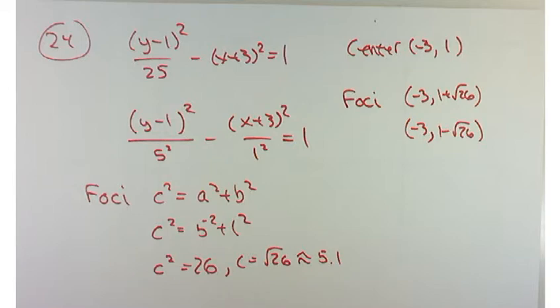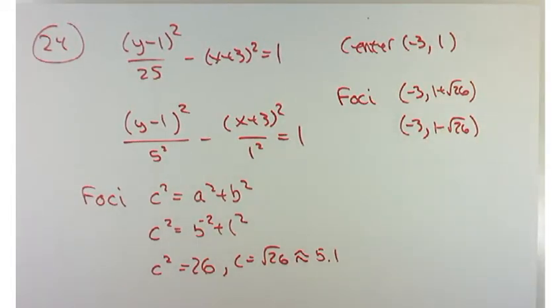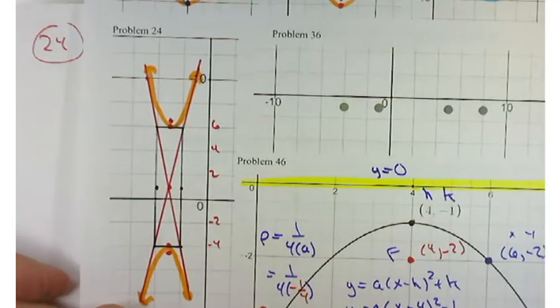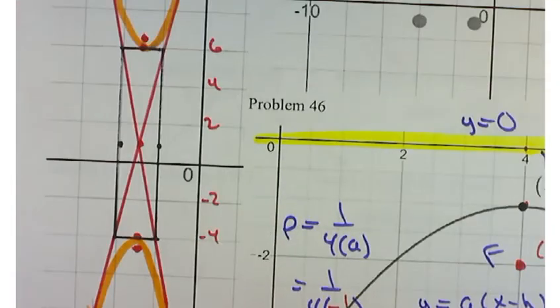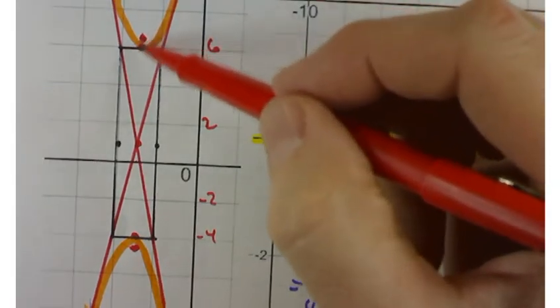Anything else on 24 here? As far as the foci are concerned, you probably get one problem where I ask you to graph them, and your graph should look reasonable, meaning I expect the foci to be somewhere close to the vertex.